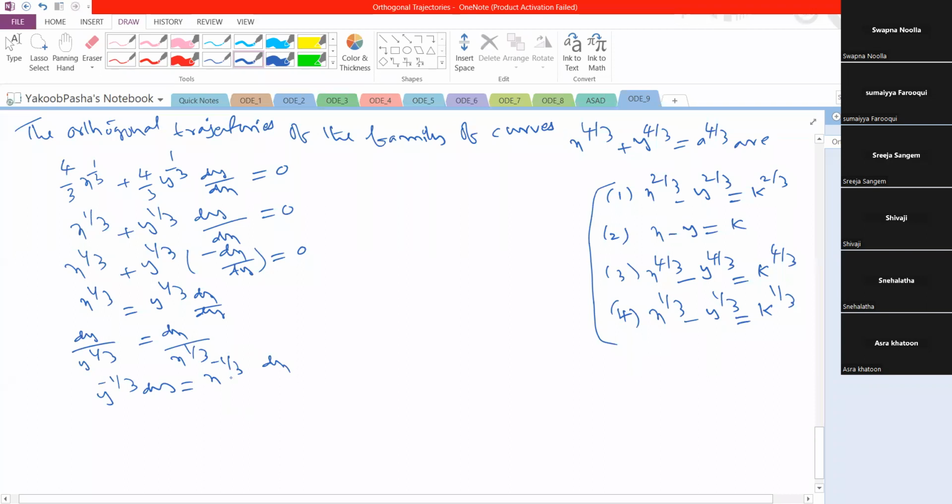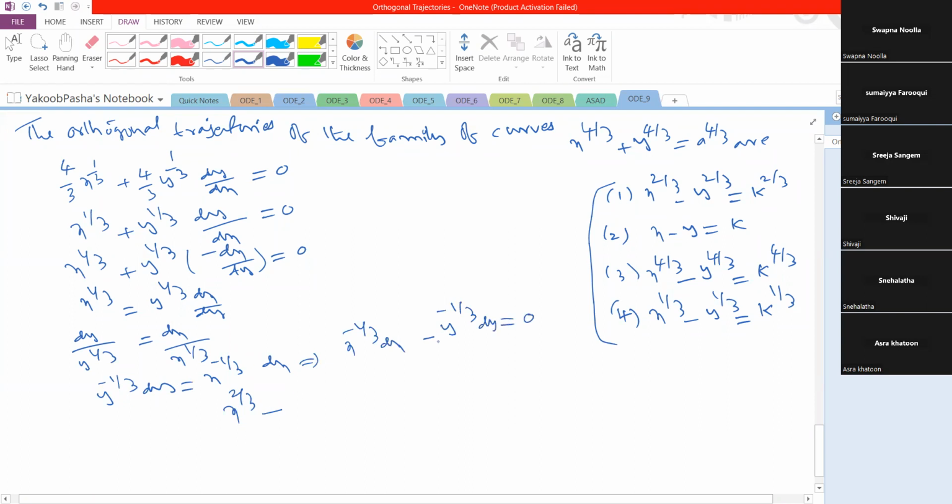So integrate this. Now integration of x power minus 1 by 3 is x power minus 1 by 3 plus 1, that is 2 by 3. This can be written as x power minus 1 by 3 dx minus y power minus 1 by 3 dy is equal to 0.